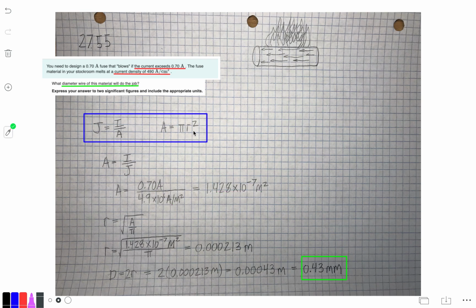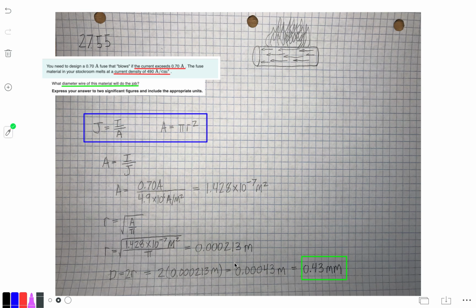From here, we can use the definition for area of a circle to get that cross-sectional area, and we can rearrange to solve for the radius r, and after that, we're able to plug in our radius to the equation for diameter, which is just 2 times the radius.